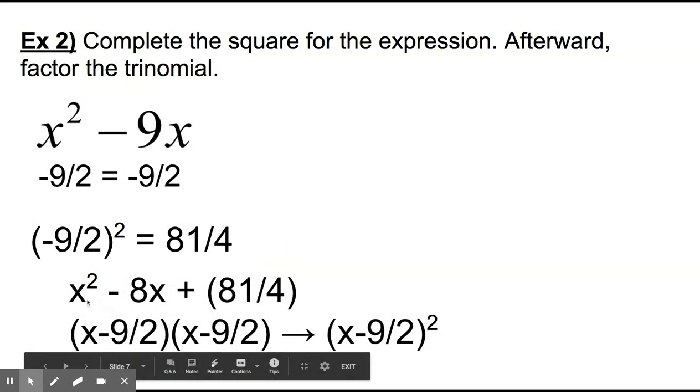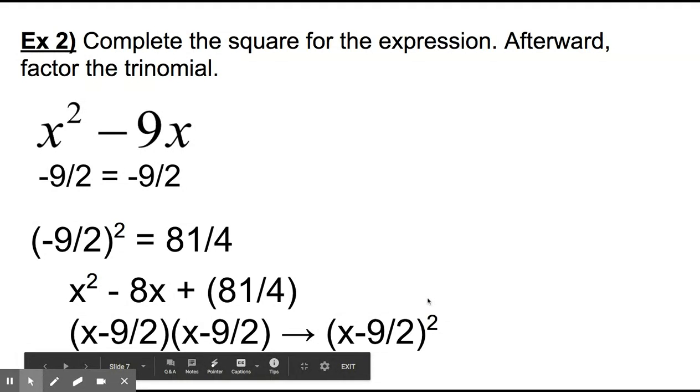So then we have x squared minus 8x plus 81/4. And again, factoring it, it's always going to come out super nice. We have x minus 9/2 times the quantity of x minus 9/2, which is the same thing as saying x minus 9/2 squared. Okay.